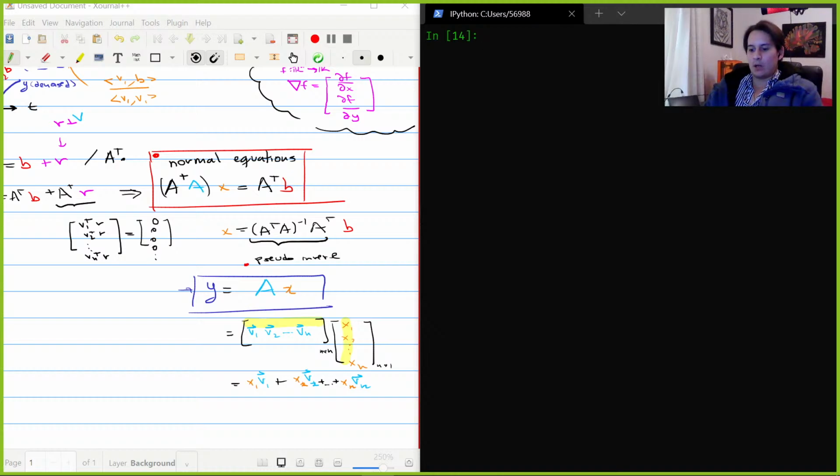Now, how could we create this matrix A? First, we need to import from numpy concatenate, then A equals concatenate of, for example, cosine 2 times pi times an index.